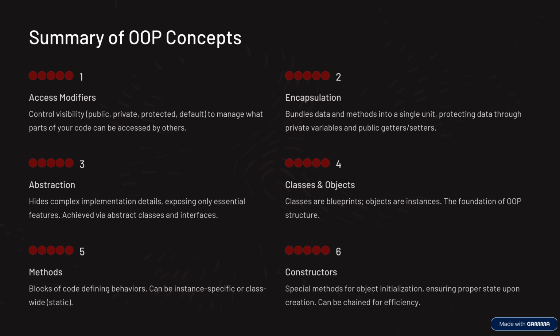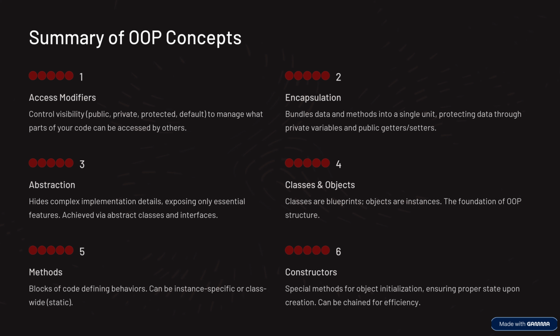Summary of OOP concepts. 1. Access modifiers: control visibility, public, private, protected, default, to manage what parts of your code can be accessed by others. 2. Encapsulation: bundles data and methods into a single unit, protecting data through private variables and public getters and setters. 3. Abstraction: hides complex implementation details, exposing only essential features.